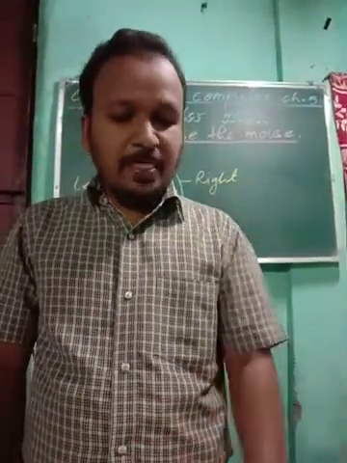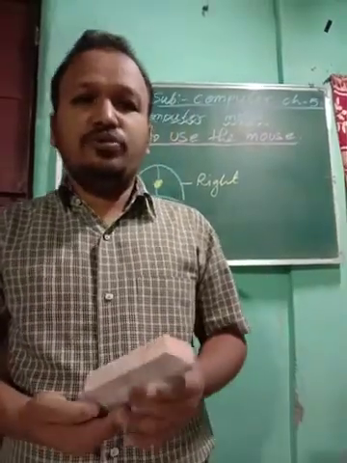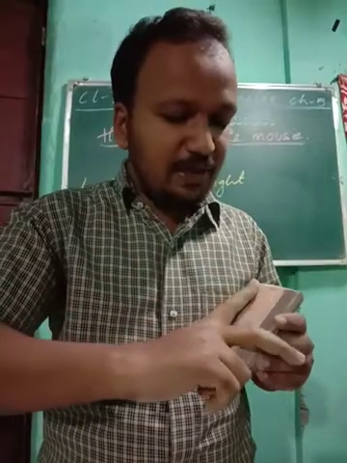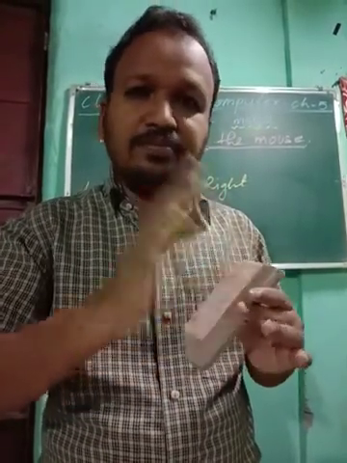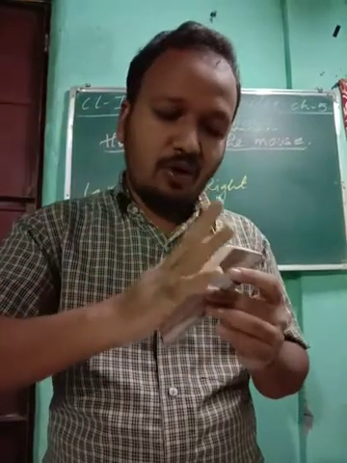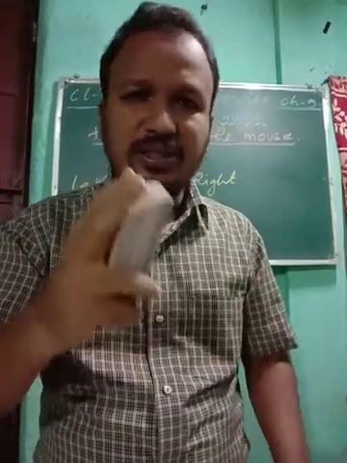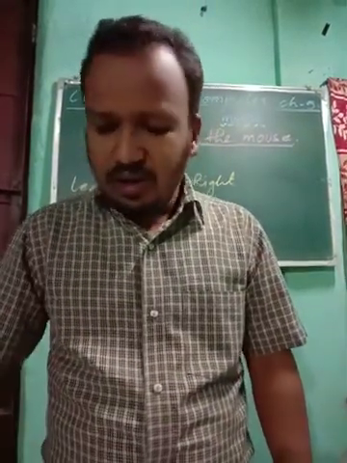You will put your index finger on the left, your middle finger on the right, and your palm firmly on the mouse, and with the other three fingers you will hold the mouse. This is how you hold the mouse.